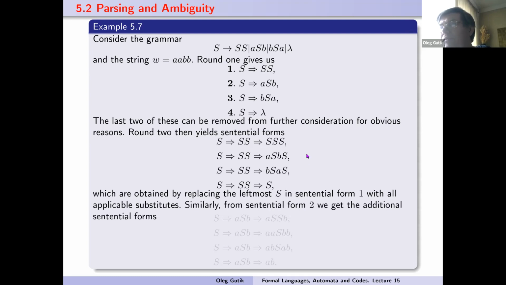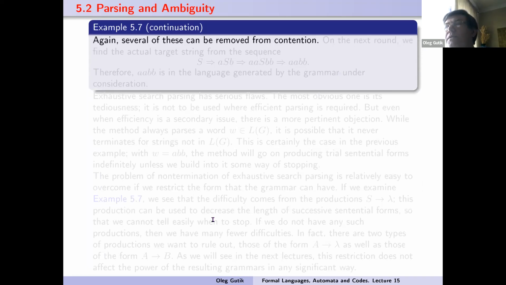Similarly, from the sentential form 2, we get the additional sentential forms S into a S b into a a S b b, S into a S b into a b S a b, and S into a S b into ab. Again, several of these can be removed from consideration.